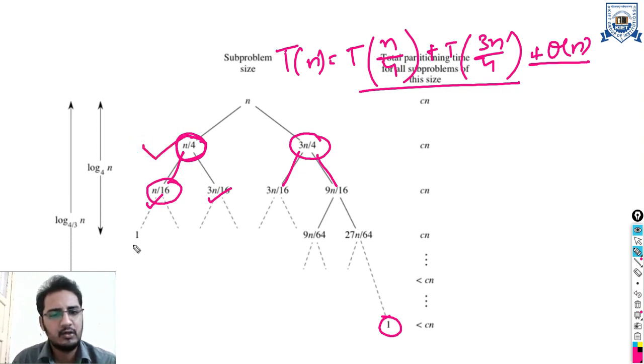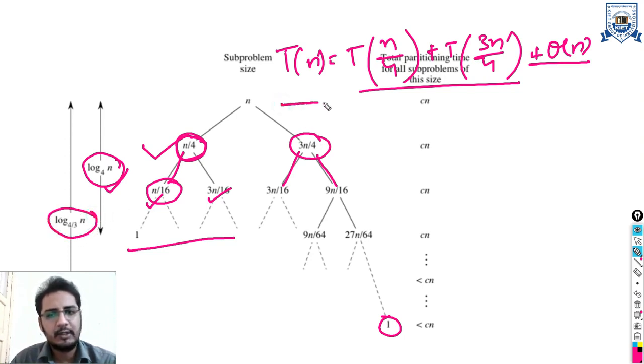So this branch will be exhausted more quickly as compared to the right hand side branch. So the depth of the right hand side branch will be more as compared to the depth of the left hand side branch. The depth of the left hand side branch will be log n base 4, and the depth of the right hand side branch will be log n base 4 by 3.